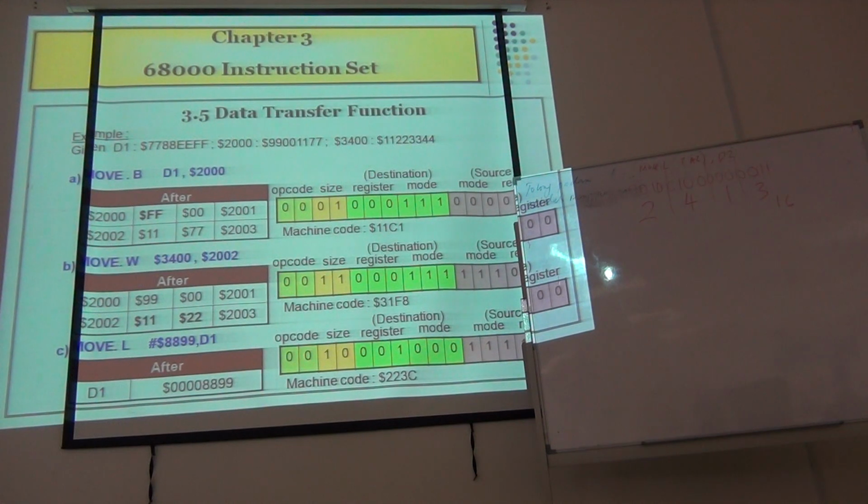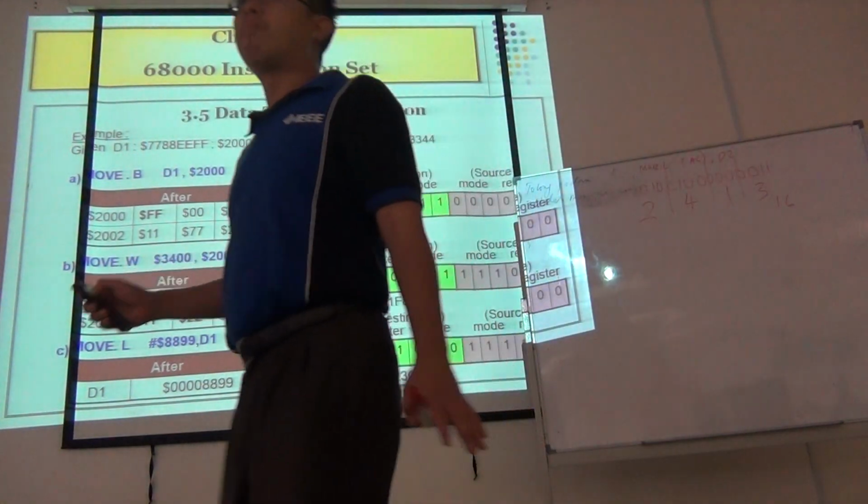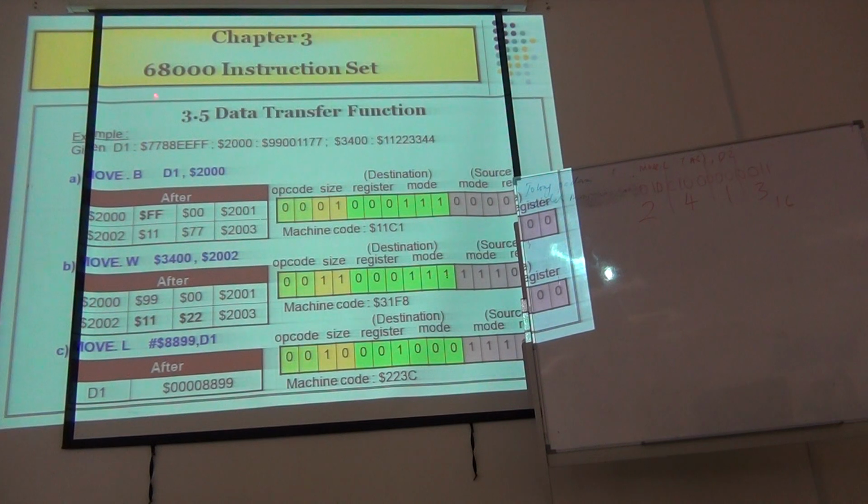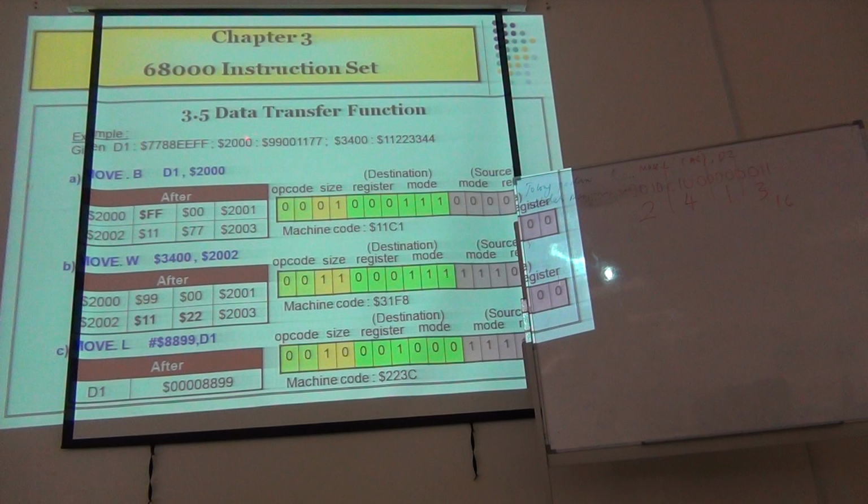Okay, this is actually like a revision of the syntax. The command is move.byte D1 to 2000. So what does the command do? You look at the given data here. D1 contains this number. What does it mean over here? This means that at the particular location 2000, this is the content.